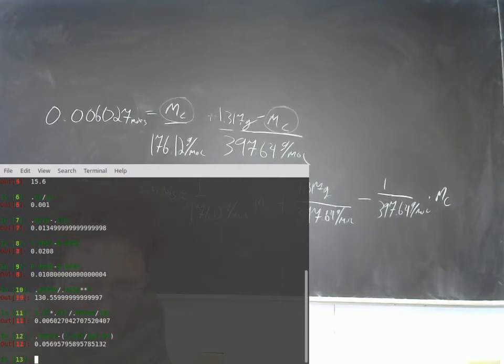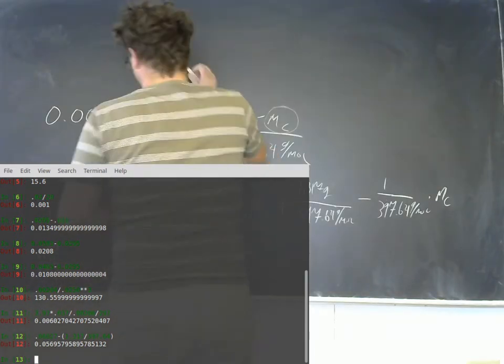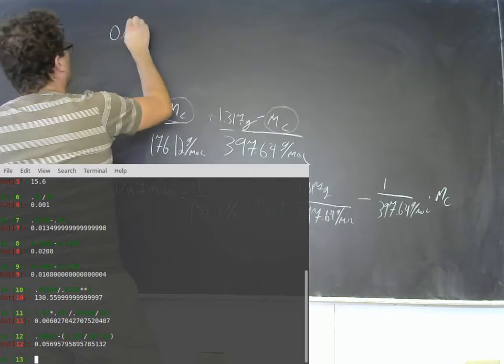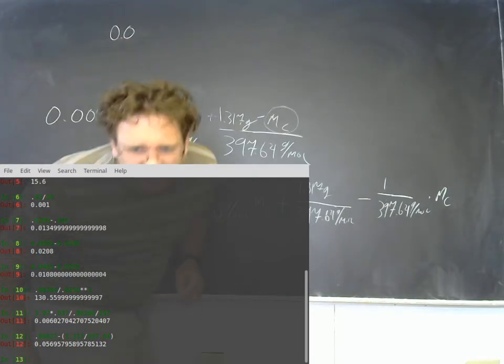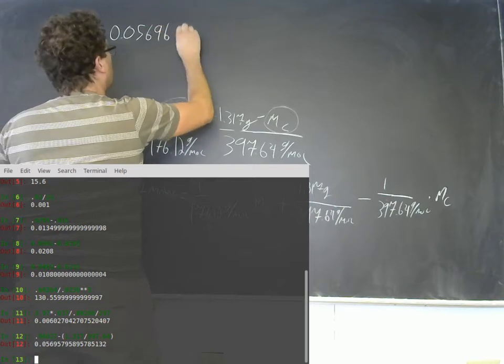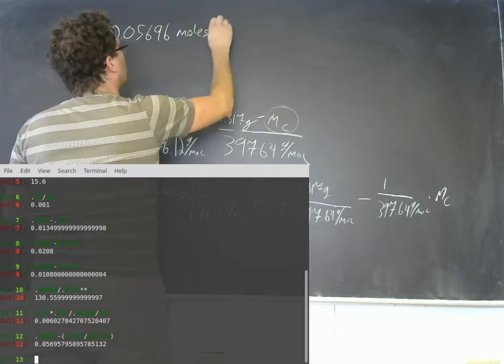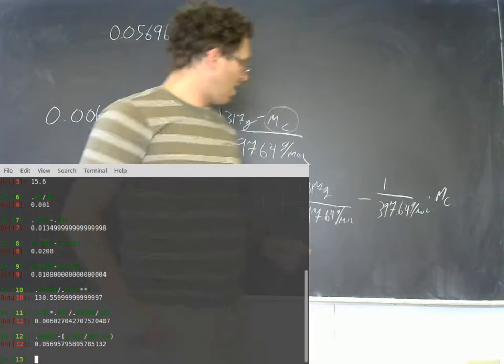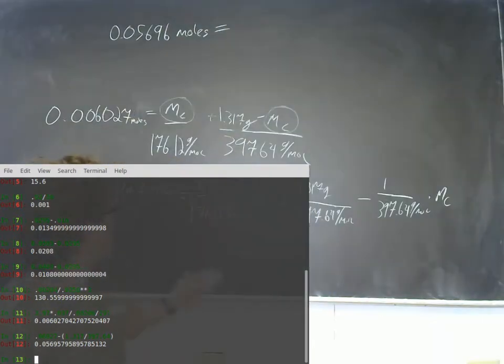And that gives me 0.05696. That will be moles. And then on the right side, we'll combine the 1 over 176.12.